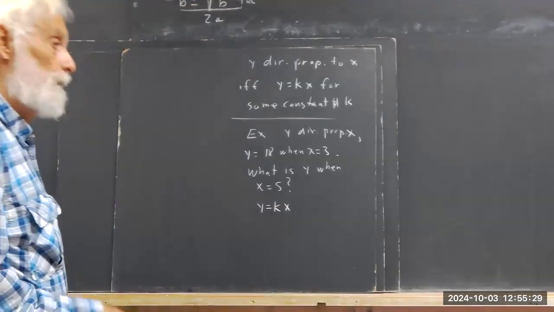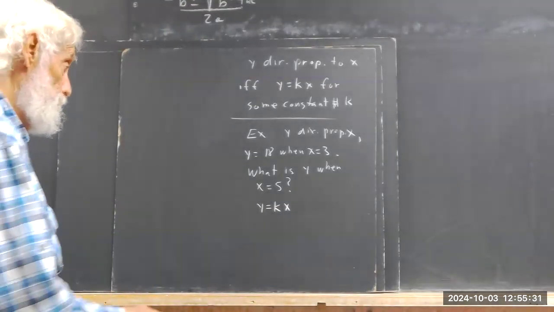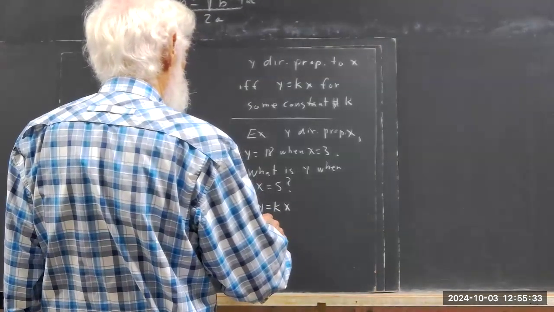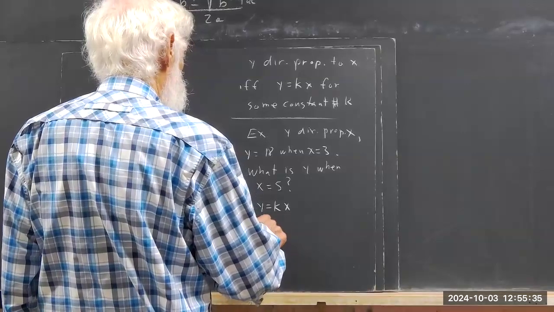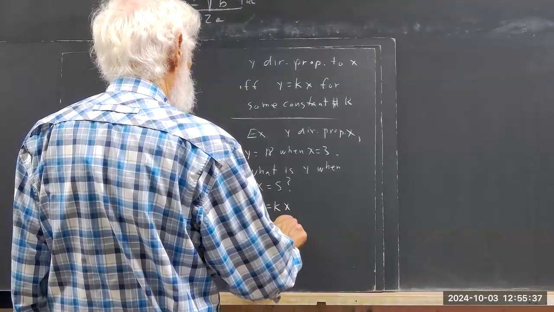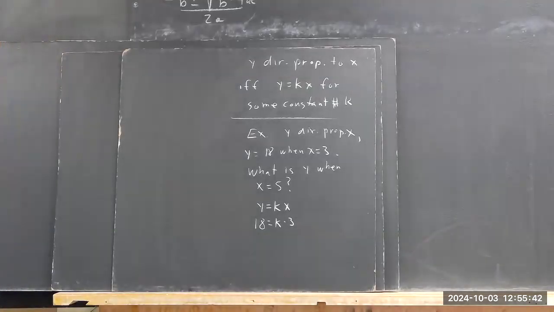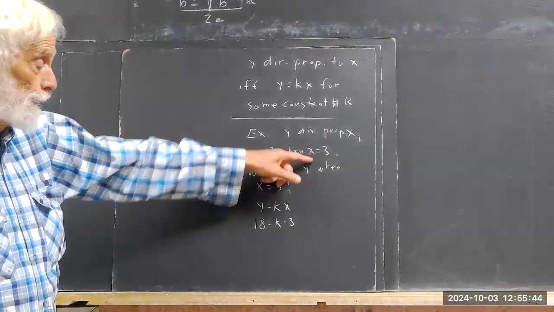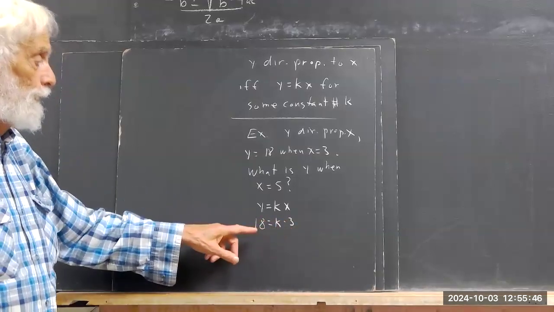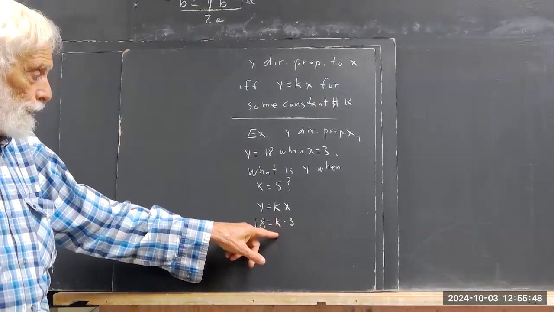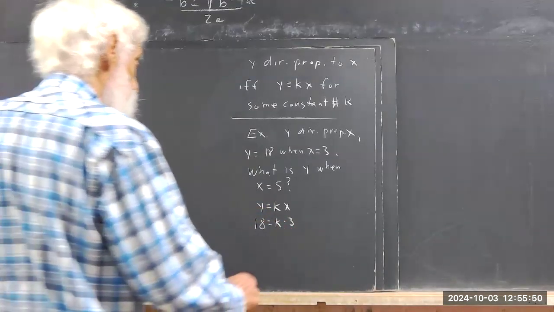y equals kx because you have a direct proportionality. So 18 equals k times 3, right? Because y is 18 when x is 3, this has to work. That allows you to solve for k.